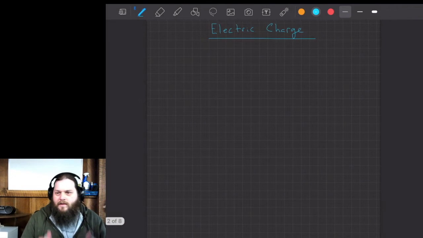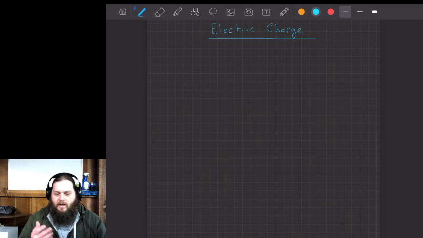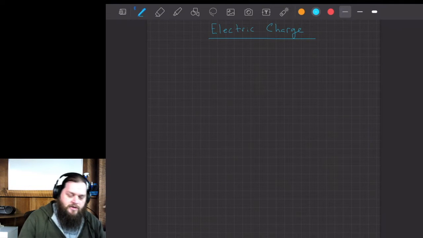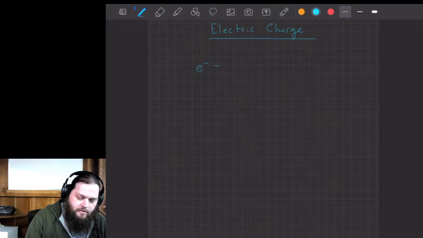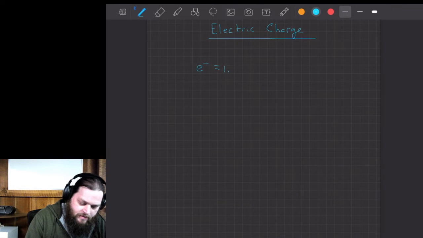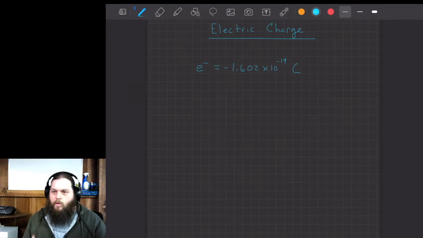So electric charge is basically that any particle can have a charge associated with it. That charge is usually relative to the charge of an electron. So the charge of an electron, we can write as e minus, is equal to negative 1.602 times 10 to the negative 19th power, and those are measured in a unit called coulombs.